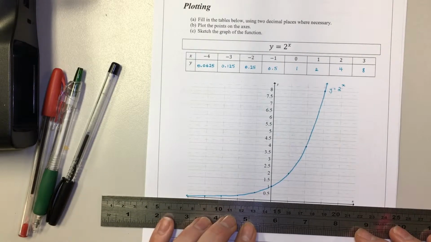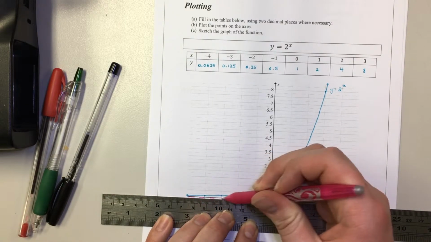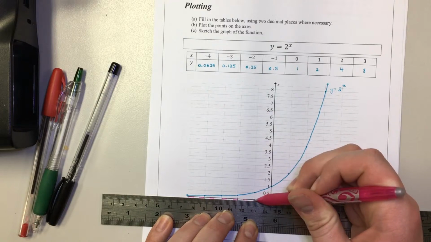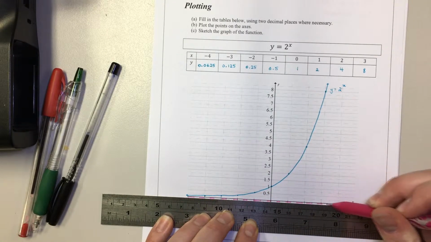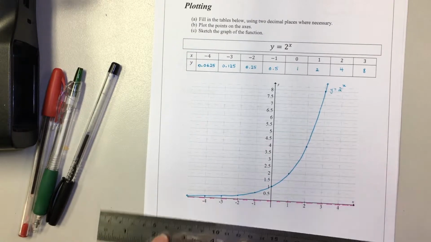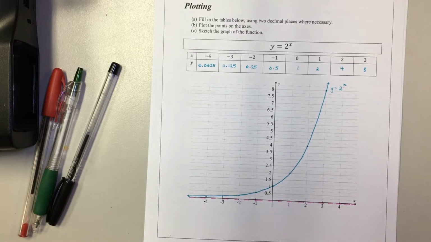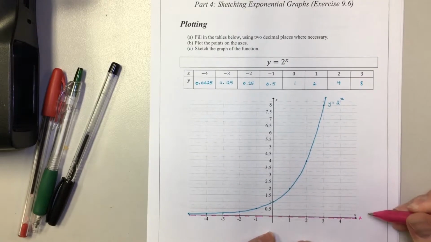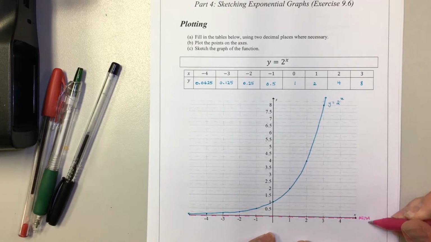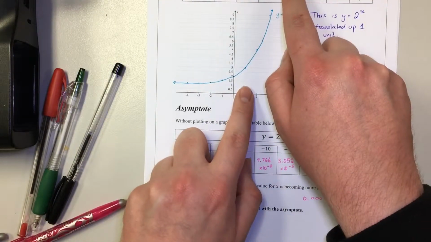And what we do is draw a little horizontal line like this. You'll see I'm making a little dashed line using my ruler. This is the first graph on the first page. You'll notice that this went up by 1.